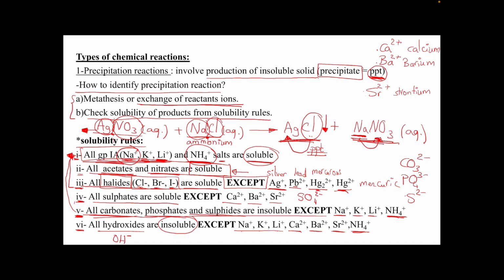اوكي، طيب يبقى الرولز دي هتساعدنا في ان احنا نتعرف هل الايكويشن اللي عندنا دي is a precipitation reaction equation or not. يبقى احنا عرفنا how to identify a precipitation reaction through 2 points.